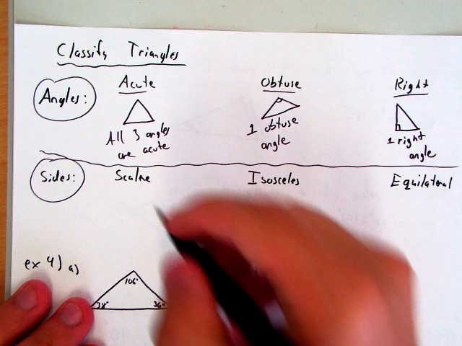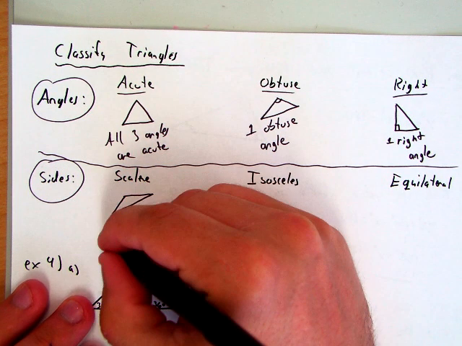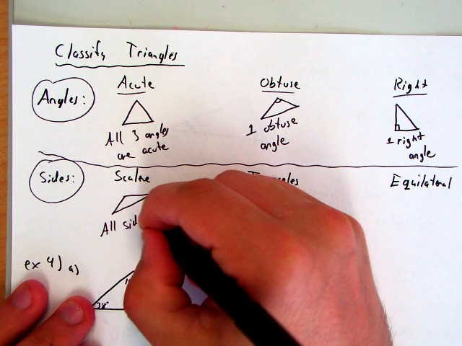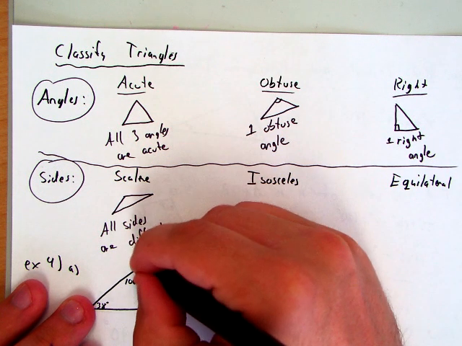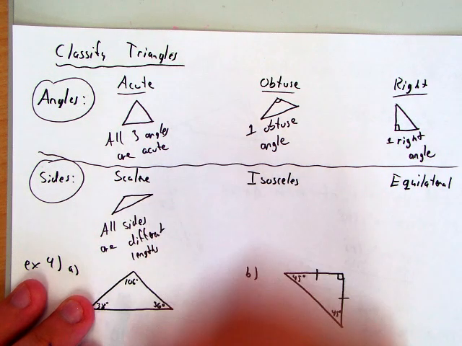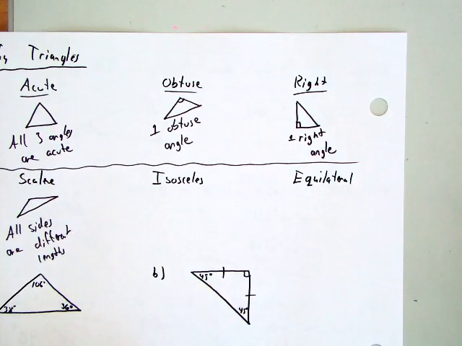If we look at sides now, scaling triangles, all sides are different lengths, which means that there aren't any congruent side lengths.